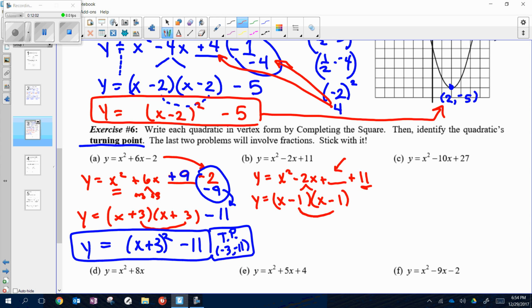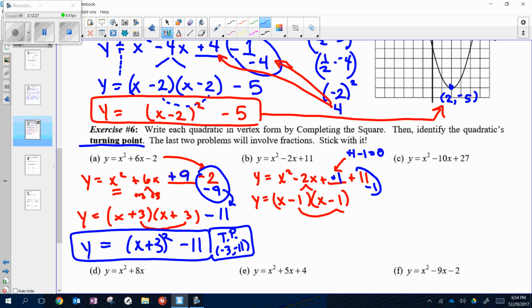And if I multiplied negative 1 times negative 1, I would have a positive 1. I added 1 in, so I need to offset that plus 1 and take away 1. Positive 1, take away 1, gives me a 0, and I didn't change the value of anything.